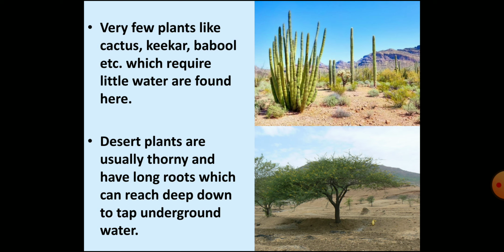These plants do not need much water to survive in the desert, such as cactus, kikar, babool, etc. The desert plants have some special features. For example, they are generally thorny and have long and deep roots. The thorns help prevent loss of water and the deep roots help plants take water from below the ground level.